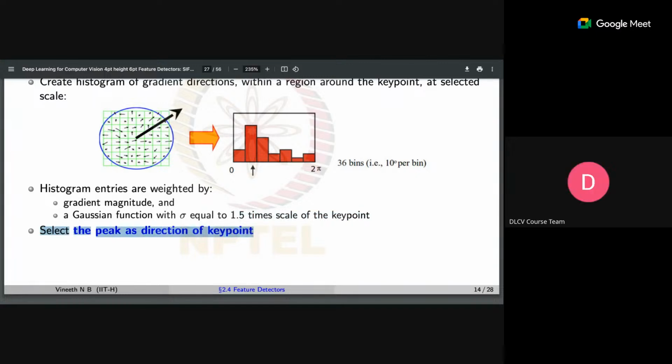Wherever your histogram peaked, that is the direction of your key point. We only do it for those points where we found the key points, not for all the pixels in the image. See, the steps are not independent. Whatever you did in the previous step, you have to use here in the next step.